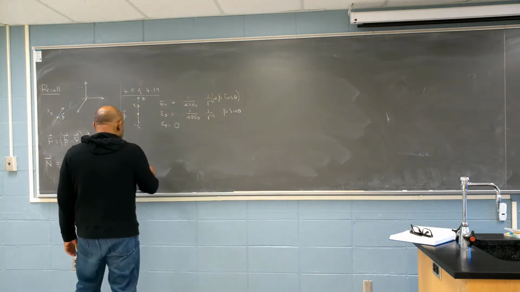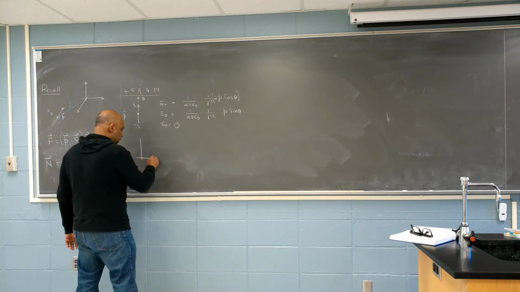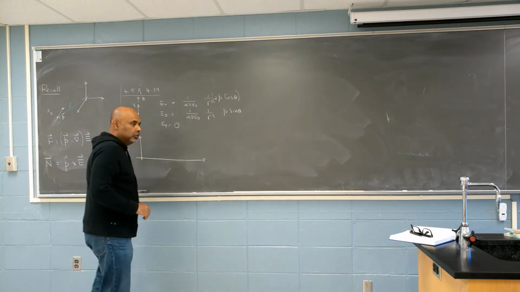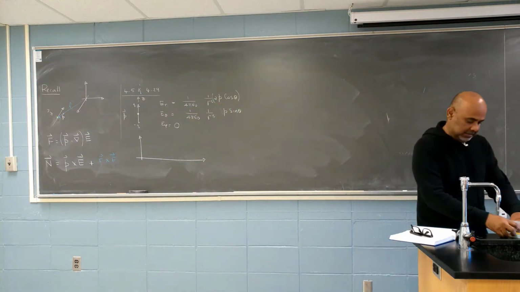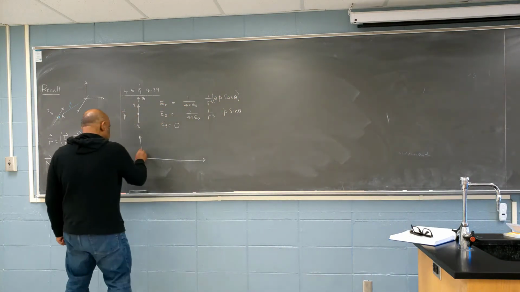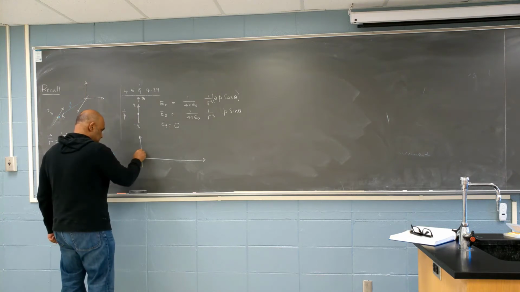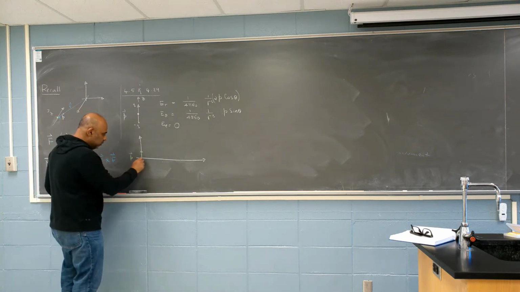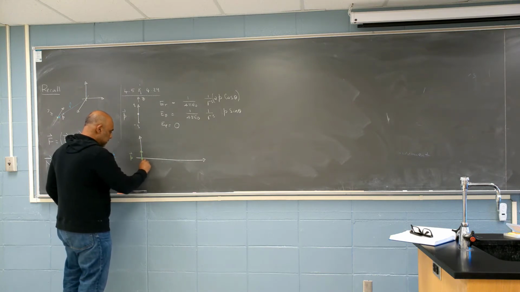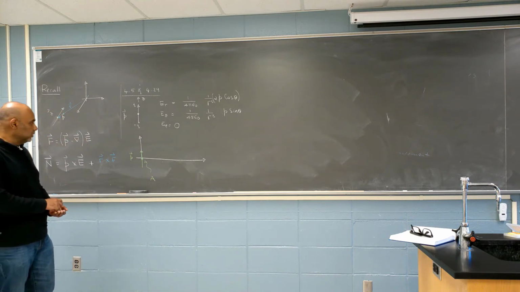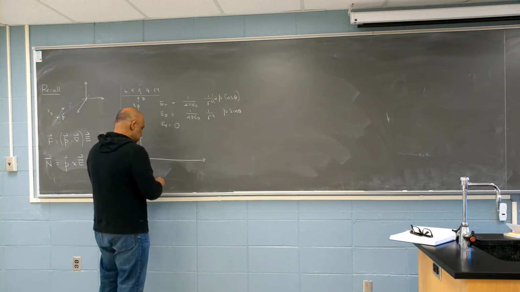So now let me describe the problem. There are two dipoles. There is a dipole here, and it's called P. And the origin, this point right here, where the center of the dipole is, I'm just going to call it A. Okay, that's where the dipole is actually located. And then there's a second dipole.